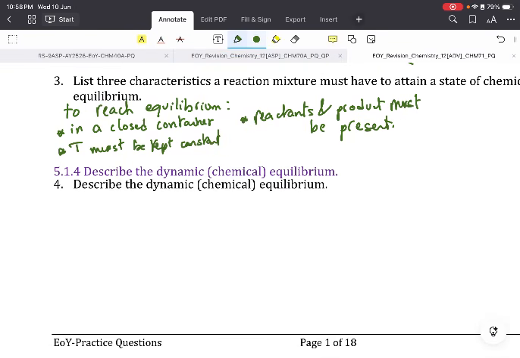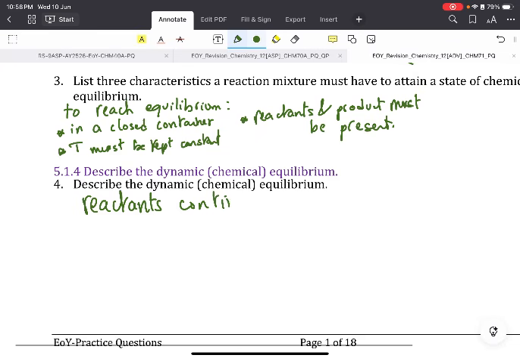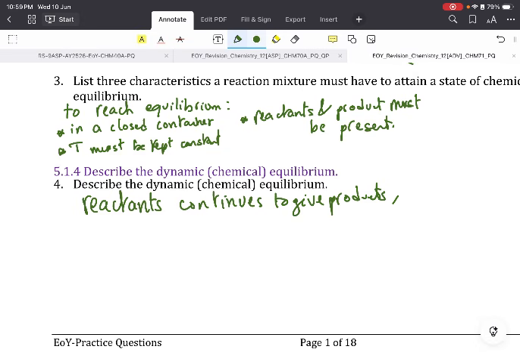Again, describe dynamic or chemical equilibrium. A dynamic equilibrium is a process where the reactants continue to give products, and at the same time the products will give back the reactants.